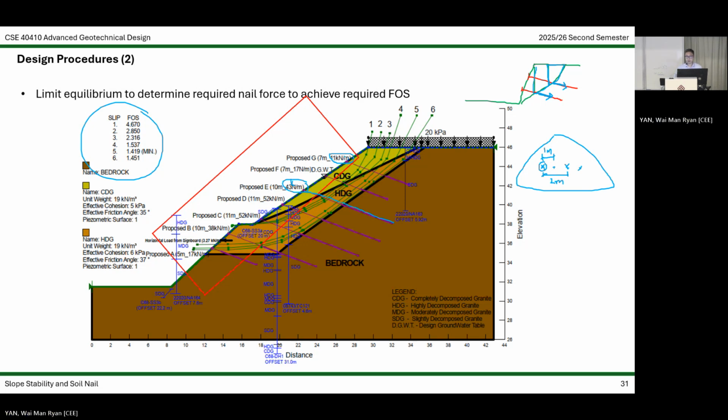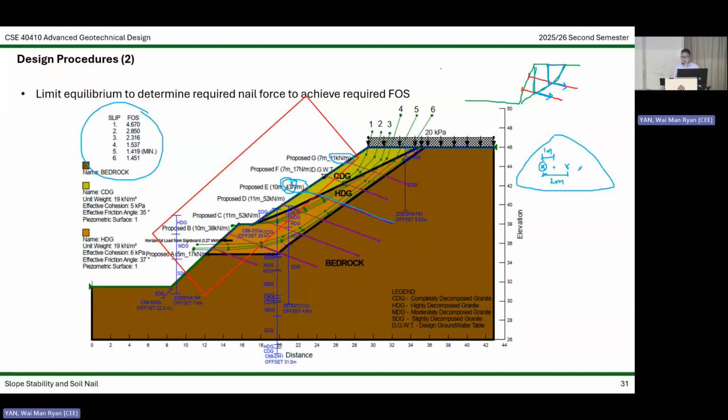Why? Because if we use 1 meter spacing, later on each nail will be taking up 43 kilonewton. So I will check everything against 43, whether it'll be tension, whether it'll be debond, everything is on 43.